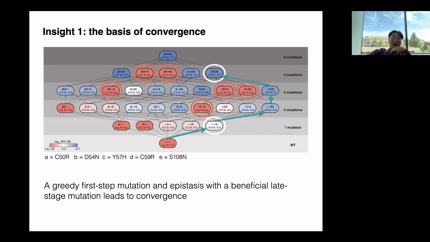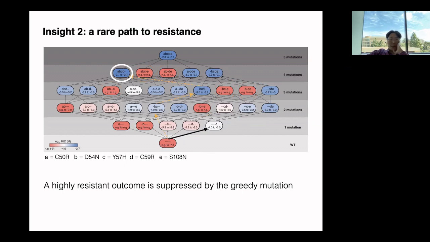Okay. Now, there was another interesting observation that this landscape led to, which is that if you look at what the most resistant variant is, at least in this combination space, it's actually this guy here, which does not contain S108N.